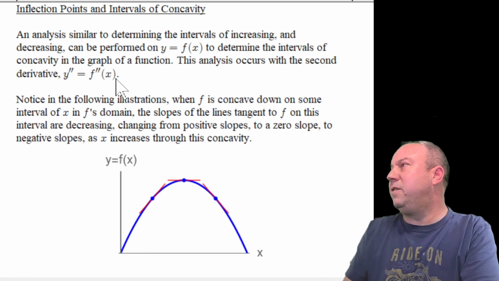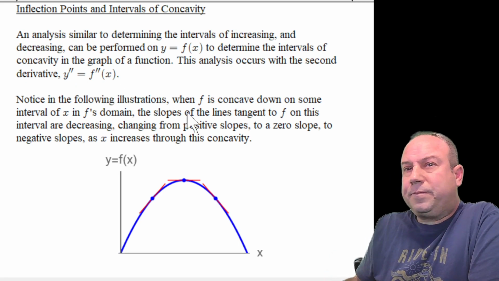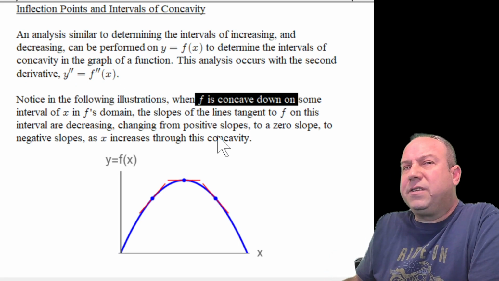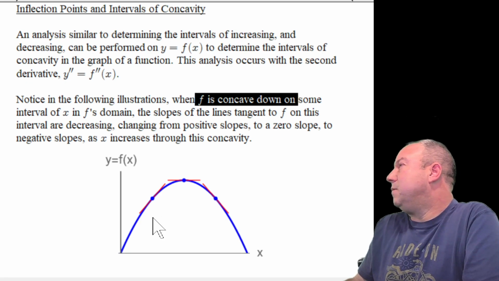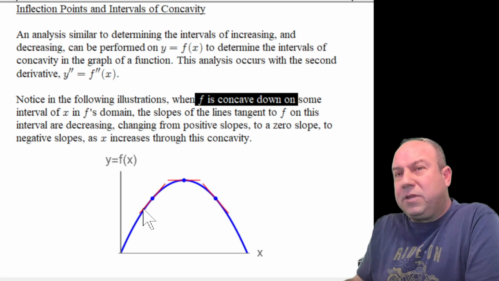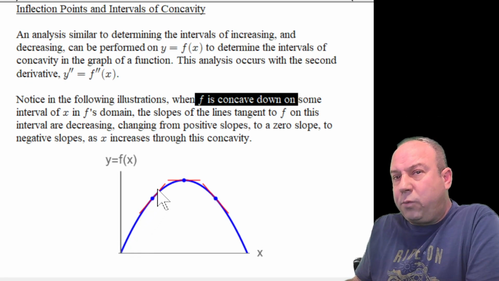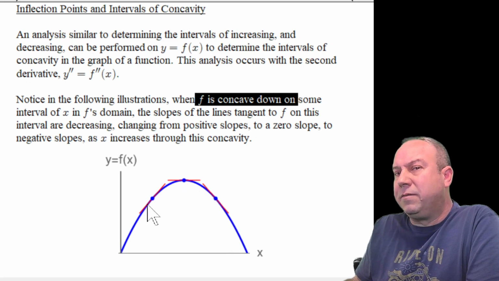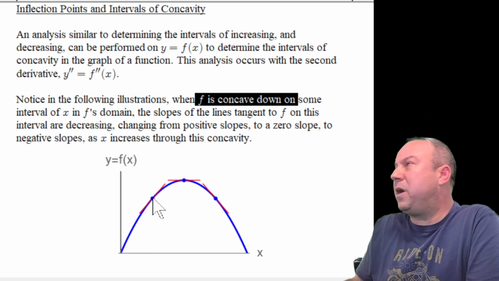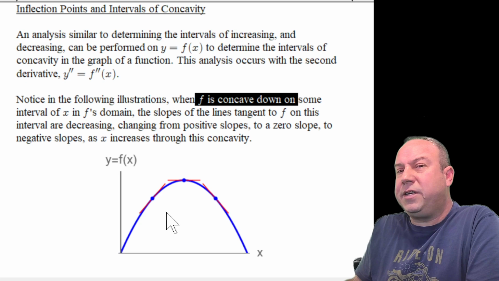And this is what you see developed here in my notes. All right. Here we can see f is concave down in this illustration. And what this illustration is illustrating is, if we are concave down on this interval, right, the slopes of the lines tangent to my curve start off here positive. We can see they are increasing, right? So we are positive.